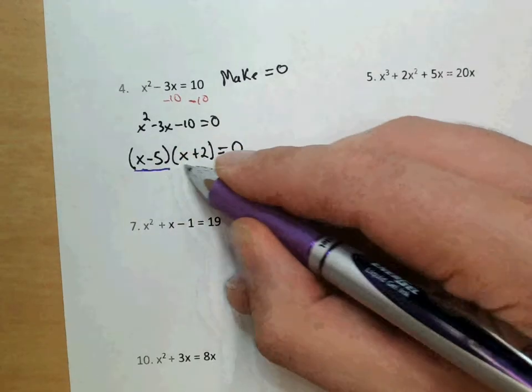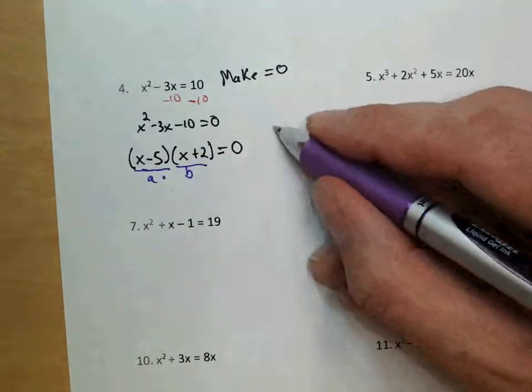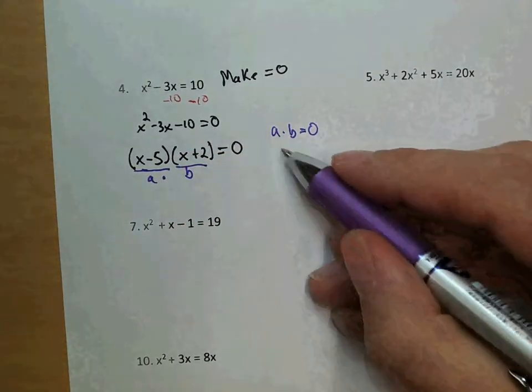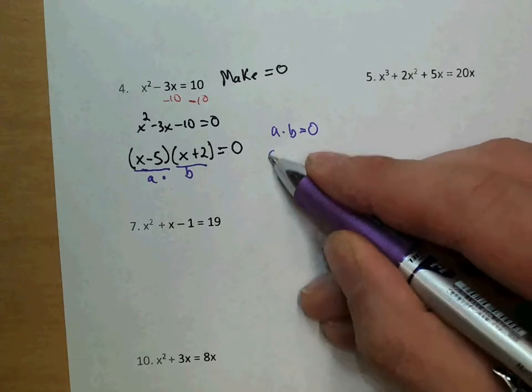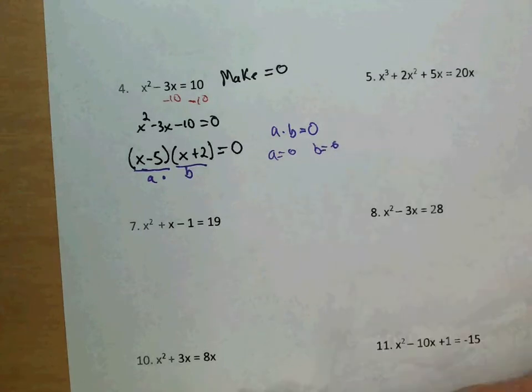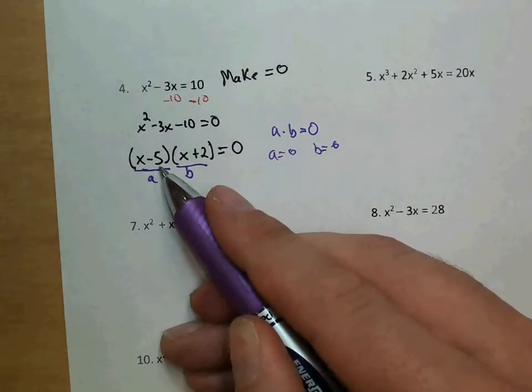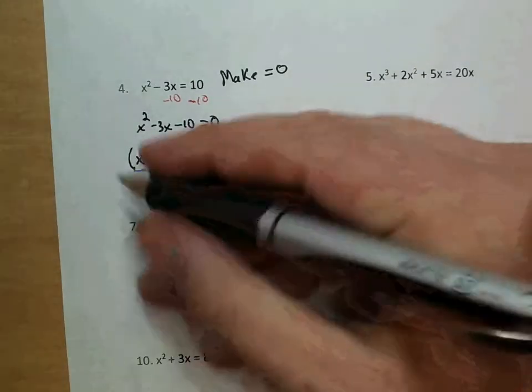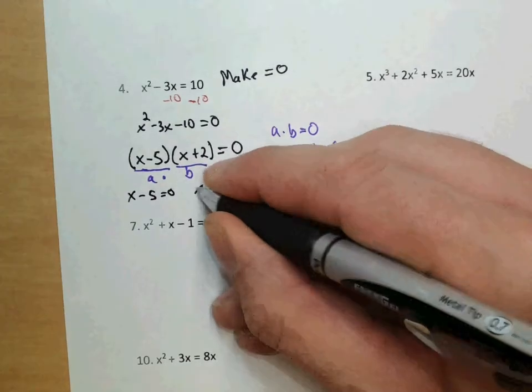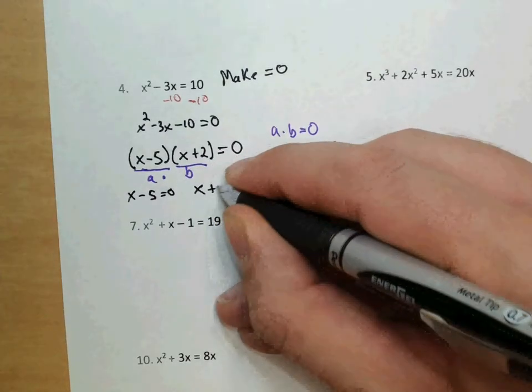And we use something called the zero product principle, which says that if you have 2 things multiplying times each other, which we do, a times b, to make 0, the only way to multiply to make 0 is if the first one is 0 or the second one is 0. So either a has to equal 0 or b has to equal 0. That means that either x minus 5 has to equal 0 or x plus 2 has to equal 0, because these multiply to make 0.